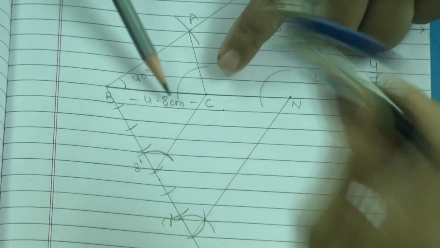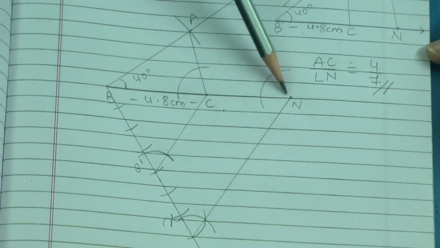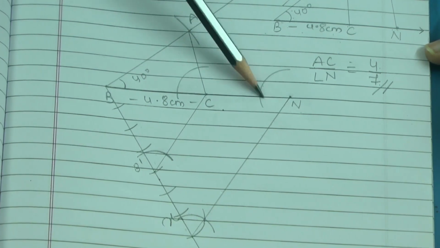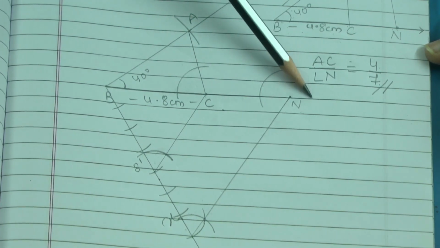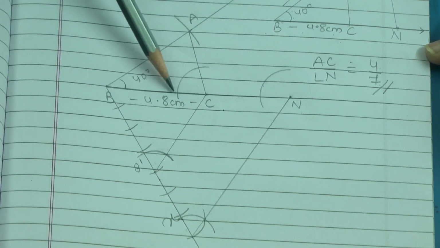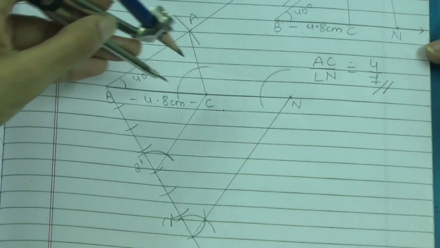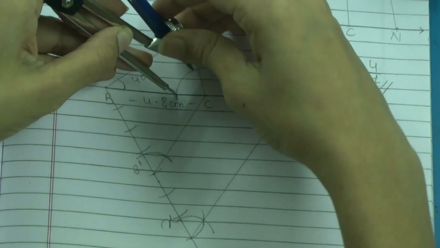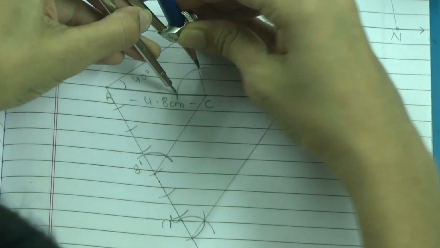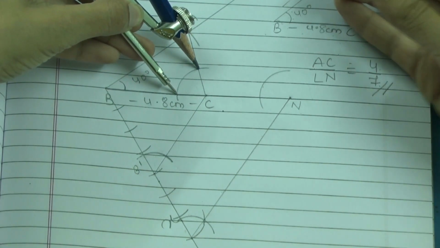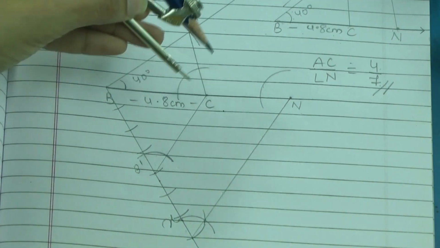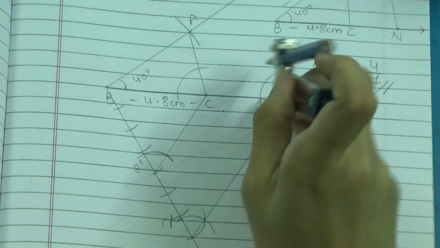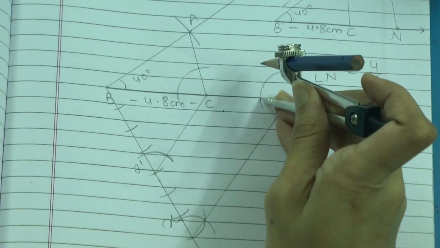Now we got this length of the angle, but we don't know this length over here. This can be very big, 180 degrees it can be. So what we will do, we will measure this. And now keep the pointer properly.